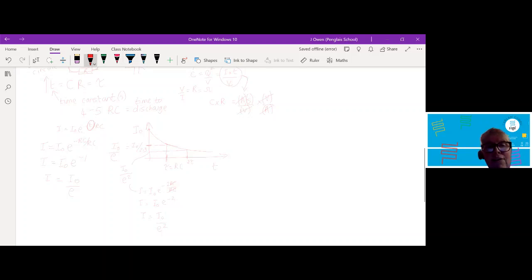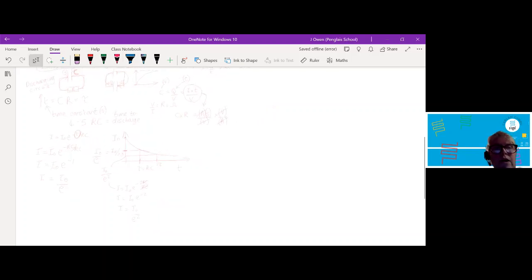So the significance of that logarithmic equation is that in the same time interval, the initial current reduces down by the same factor.